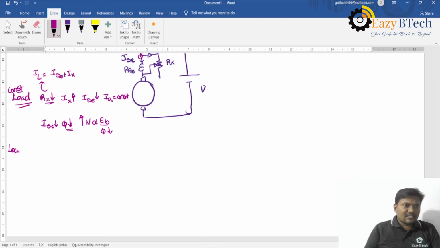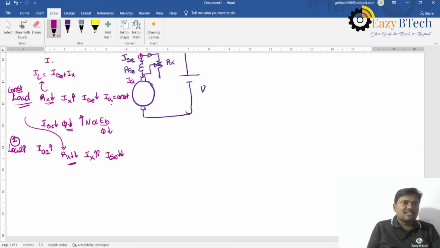As the load increases, at load 2, again the IA2 value increases. IA is the current flowing through the armature. RX value is still further decreased. RX still further decreases, IX further increases, ISC further decreases, in order to maintain IA constant.